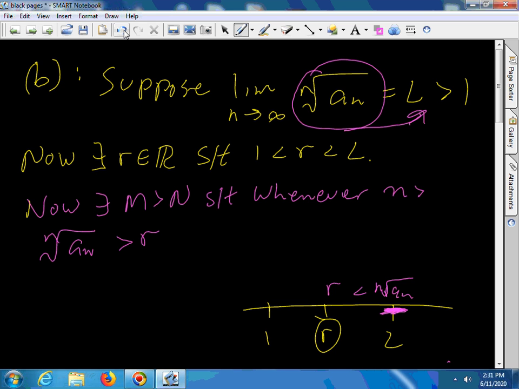They are bigger than r whenever n is bigger than m. Okay.